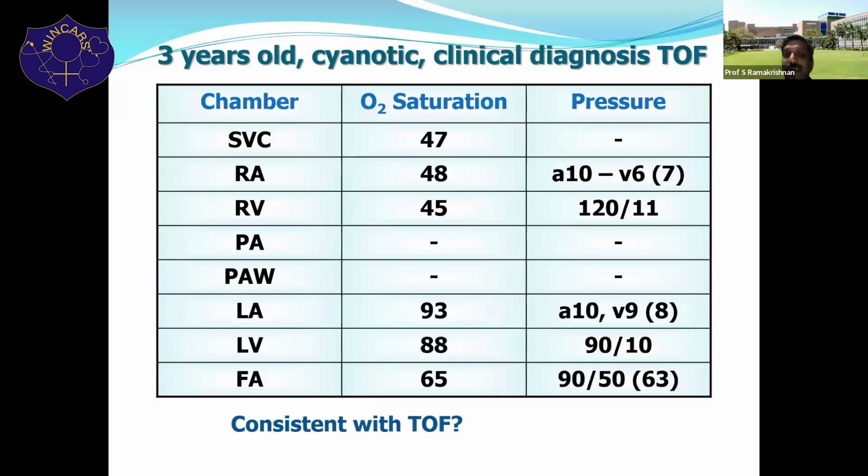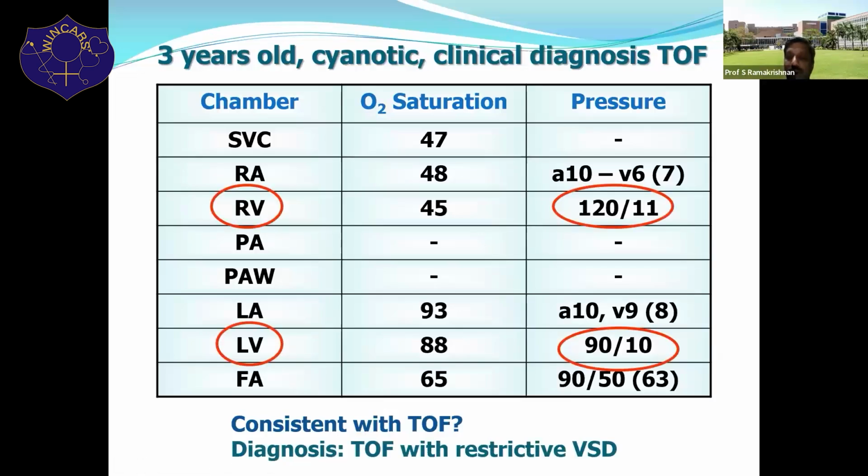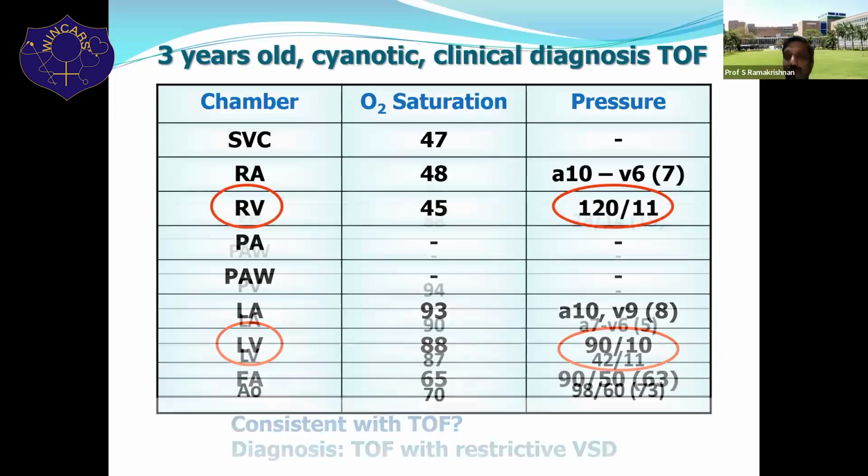And there is a 30 gradient between LV and RV. RV is not suprasystemic. The aorta is 90, which is equivalent to LV. Otherwise, a classical tetralogy should have the same pressures in RV, LV, and aorta. Clear? So this is the important thing that you have to look at: tetralogy with restrictive VSD, otherwise known as Hoffman variant.